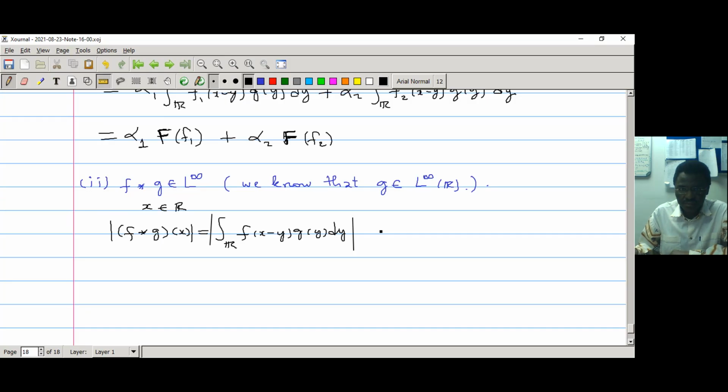But this is less than or equal to the integral over R of this.